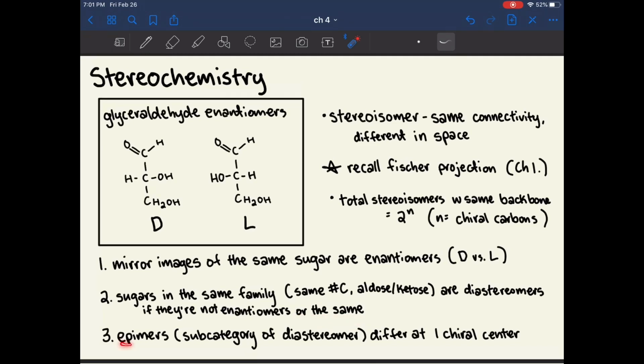The third rule is that epimers are a subcategory of diastereomers, and they differ at exactly 1 chiral center. The exception to this, of course, is glyceraldehyde, because glyceraldehyde only differs at 1 chiral center, but these are mirror images of each other, so these are actually enantiomers.